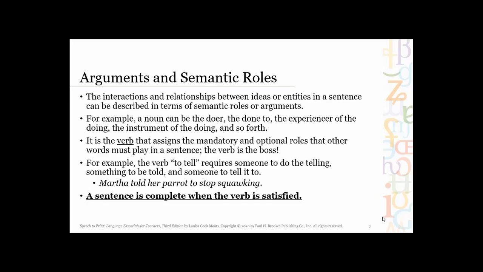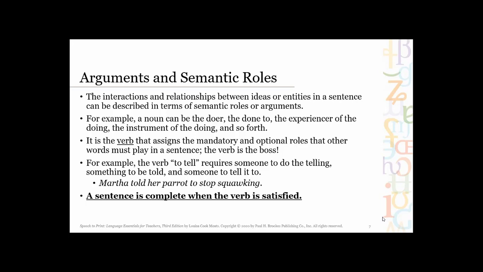The interactions and relationships between ideas or entities in a sentence can be described in terms of semantic roles or arguments. For example, a noun can be the doer, the done to, the experiencer of the doing, the instrument of the doing, and so forth. But it is the verb that assigns the mandatory and optional roles that other words must play in a sentence.